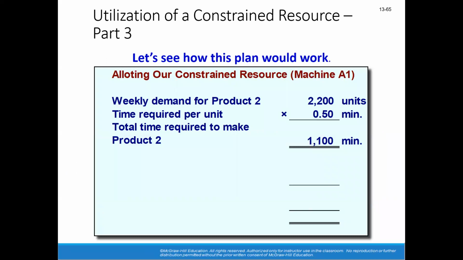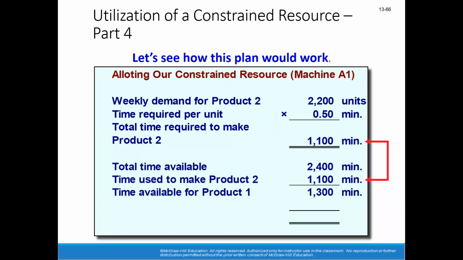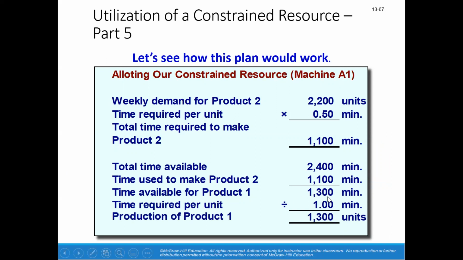So the demand for product 2 is 2,200 units, which gives us 1,100 minutes. But we've got 2,400 minutes available each week, so we have time to produce at least 1,300 units of product 1, right?